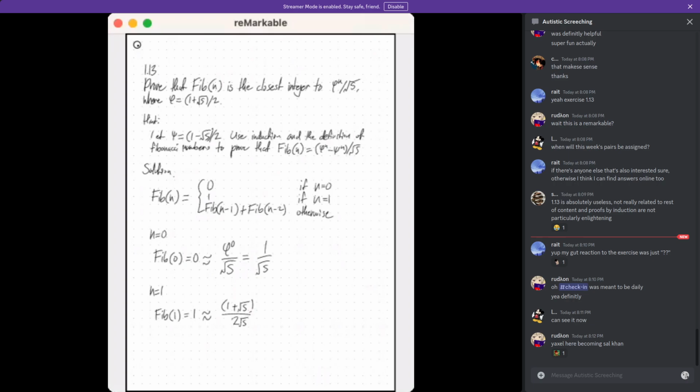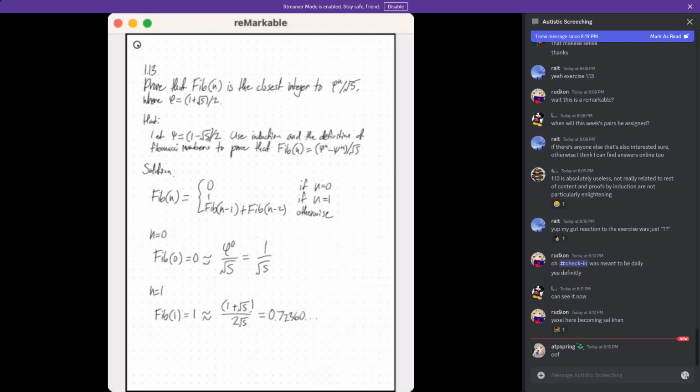I don't know if I did that right. Oh, okay, here we go. So I got it. It's 0.7236. So dot dot dot. So that rounds up to 1. So far this makes sense.